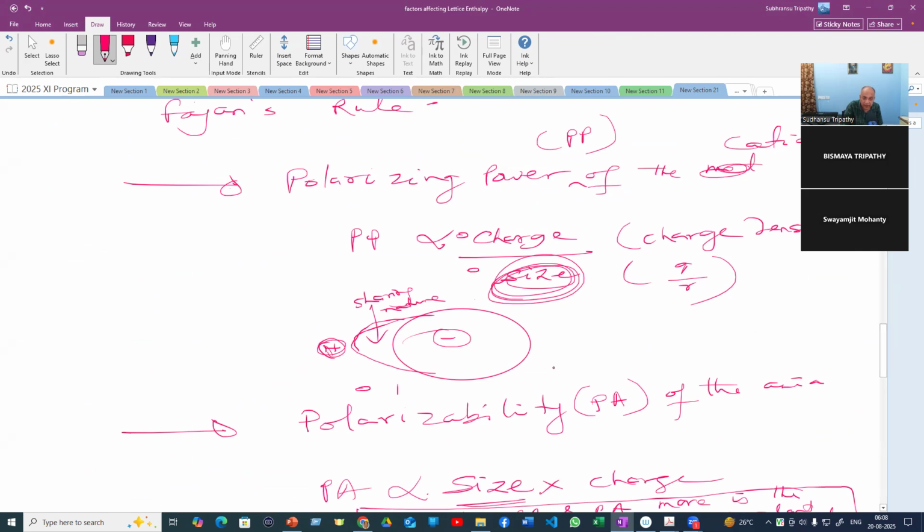Another point is pseudo noble gas configuration, that is 18 electrons: ns2, np6, nd10, so 3s2, 3p6, 3d10. If a certain positive ion has 18 electrons, a pseudo-noble gas configuration, it has high polarizing power because the d electrons have a poor screening effect.